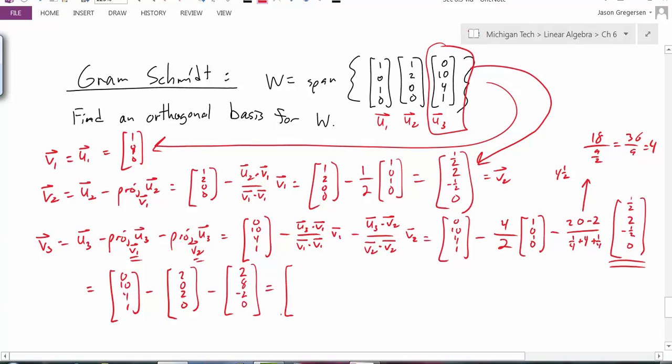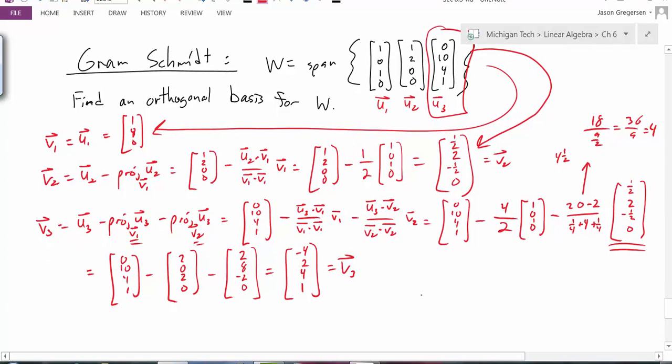All right, now I'll just subtract these vectors. I get 0 minus 2 is minus 4. I get 10 minus 0 minus 8 is 2. 4 minus 2 plus 2 is 4. And 1 minus 0 is 1. So this would be my vector v3.